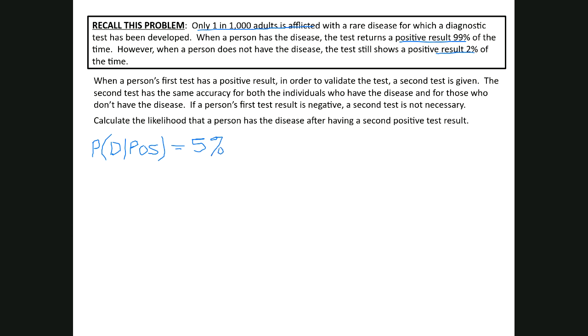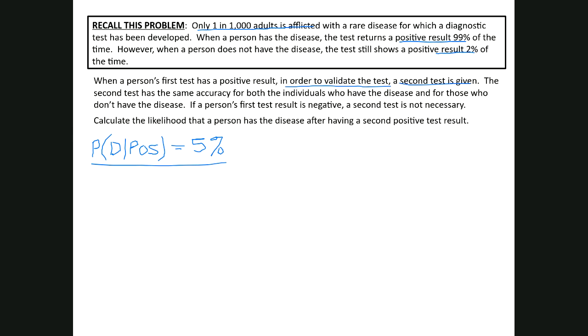Well, to be honest, that doesn't really help us that much. It just means there's a 95% chance that the person doesn't have the disease, even with a positive test. So what we're going to do is go back and validate that test by giving a second test.